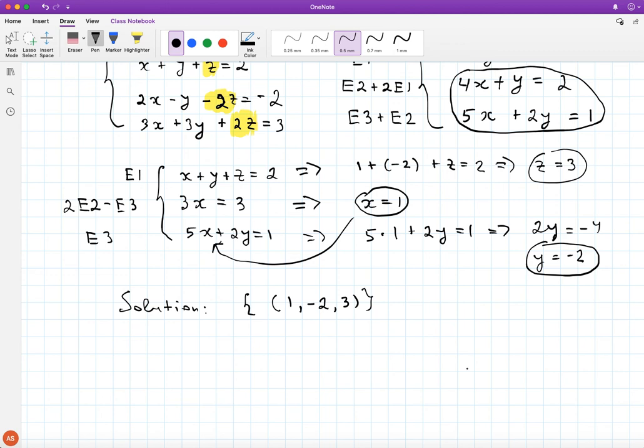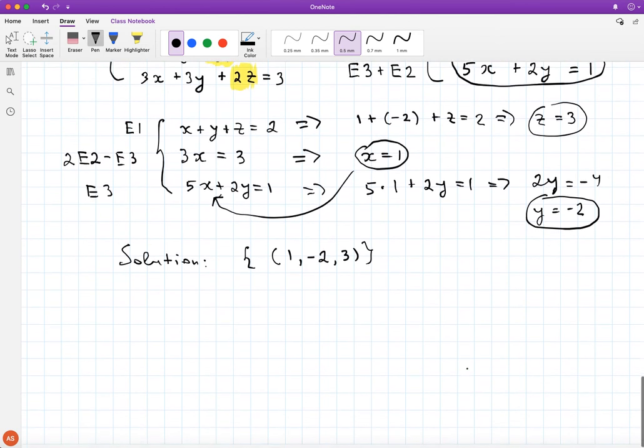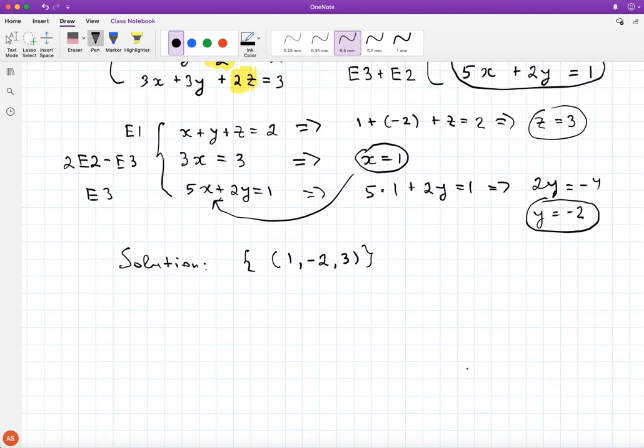Now, to conclude this video, let's talk about the possibilities in terms of the number of solutions for a 3x3 system. We find that exact same alternative possibilities can occur as in the case of a 2x2 system.